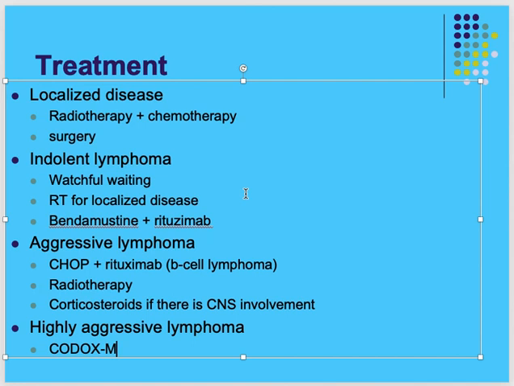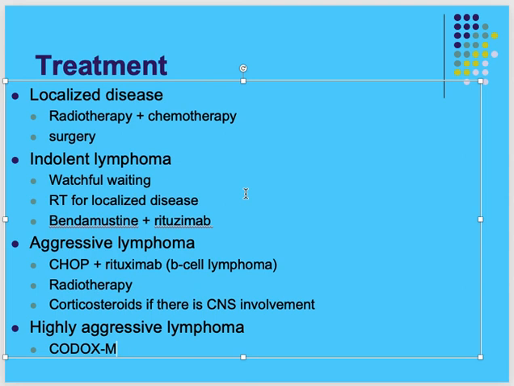C is for cyclophosphamide, O is for oncovin, the other name for vincristine, D is for doxorubicin, and again O is for oncovin, and then X and so forth. M is for methotrexate. So simply, this is a combination of drugs which they use to treat Burkitt lymphoma.